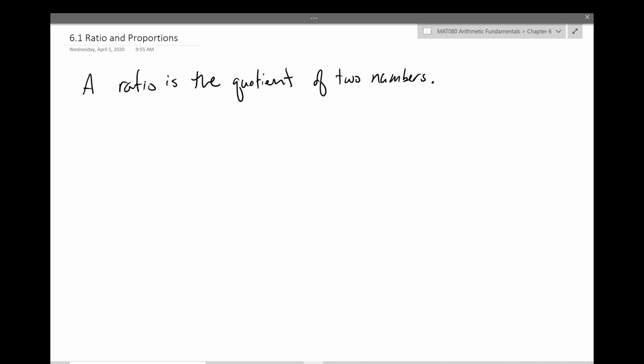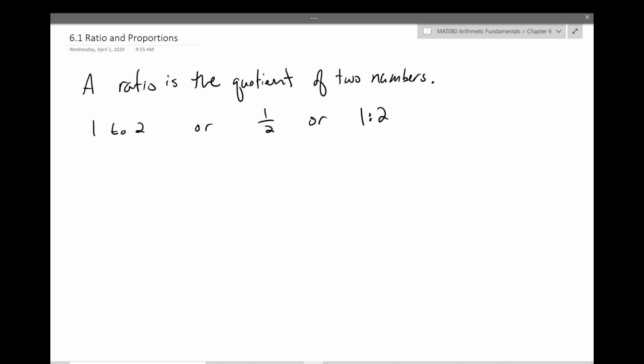So an easy one would be, sometimes you see it as 1 to 2, or 1 over 2. And sometimes we even just write it like this, 1 with the colon there, 1 to 2. Okay? Real life applications of this, we've all seen it before. If you've ever driven in a car, that would be miles per hour.